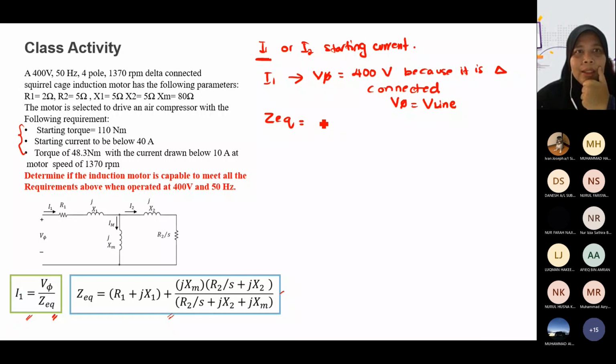So put all the values to find your Z. Can you try to calculate now? How much? 80. Just use the formula. By the way, all these formulas will be given to you. You don't have to memorize. Okay, wait. What is R2? Okay, what about the slip? We have the value of slip here.